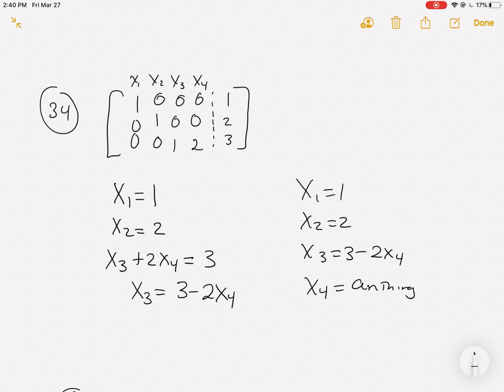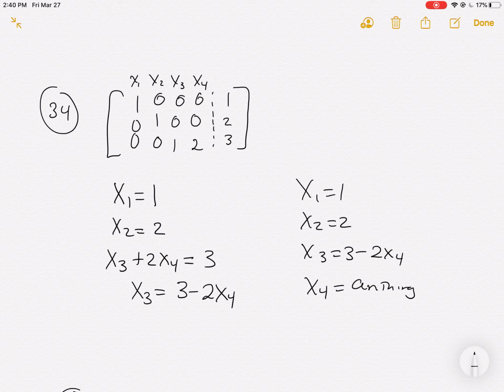Now think about that. If you pick something for x sub 4, like 2, it would totally unlock what x sub 3 is, and you already know x sub 1 and x sub 2. So it really does depend upon what x4 is.